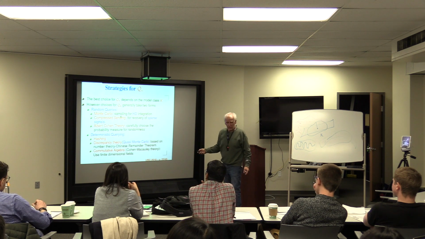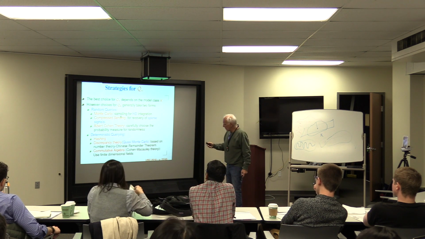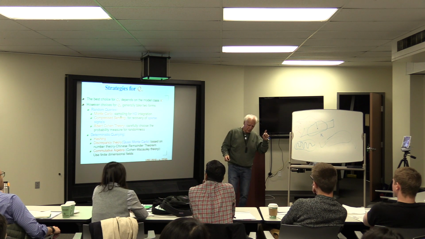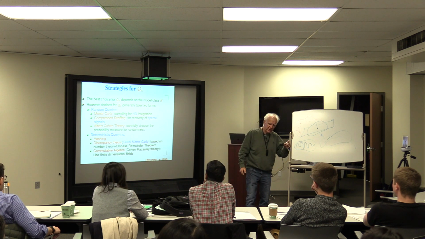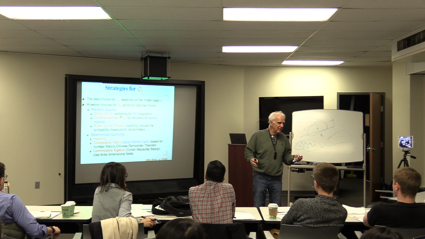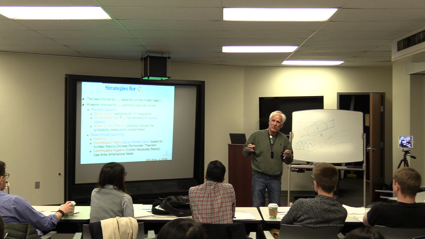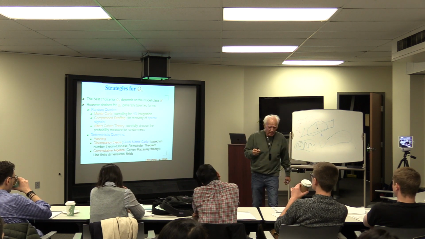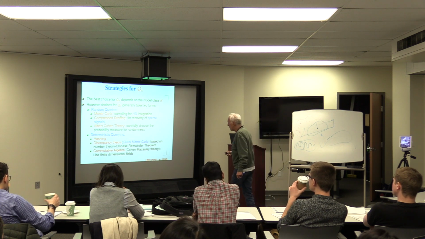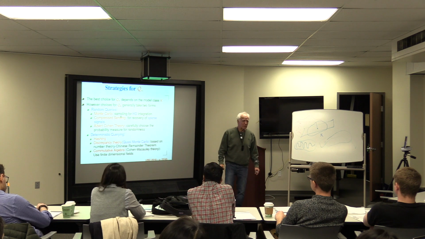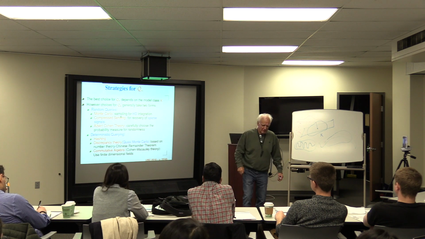What are the common strategies? Again, it depends on putting restrictions on your target function. By saying it's in a model class, that means it's not as complicated, or there are not as many possibilities as you originally thought. Some strategies: Monte Carlo, for high-dimensional integration. You hear that all the time.